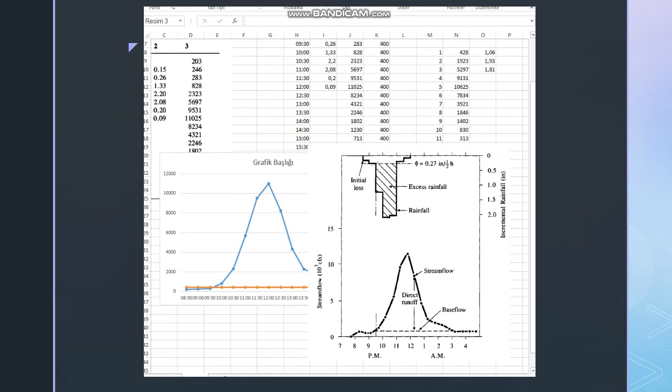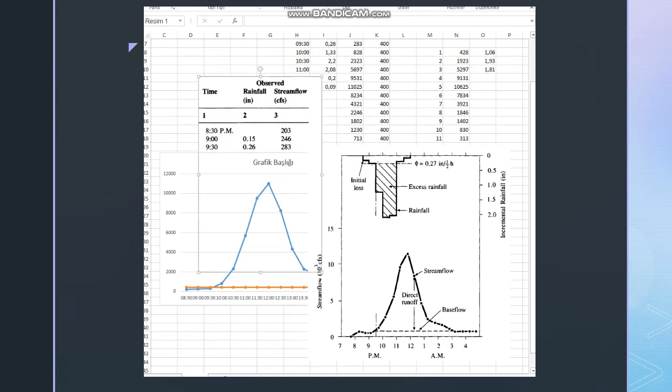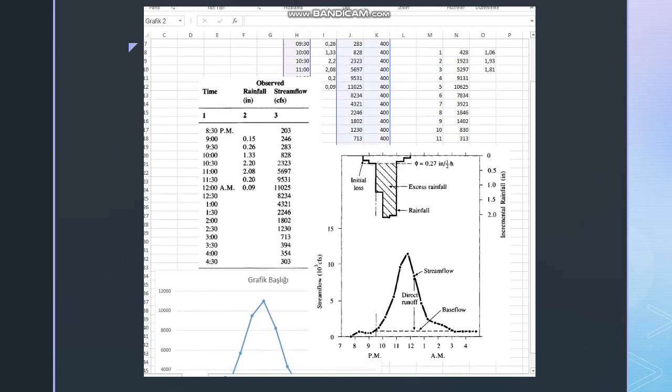As you see here, we can see the precipitation begins. Let me bring this here. Okay, the precipitation begins at 8:30, then at 9 it starts at 0.15, then it goes to 0.26.